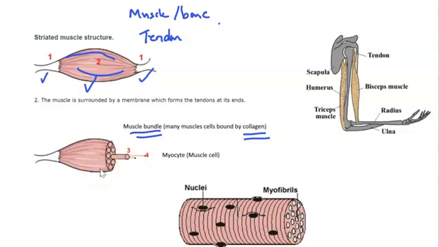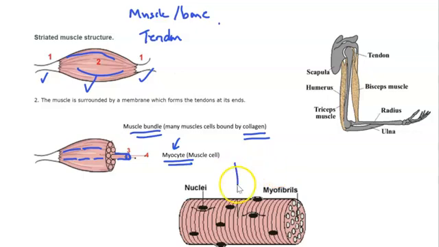Muscle cells don't run the entire length of the muscle. They tend to be in sections, and those sections are also connected with collagen for the efficient transfer of the force of contraction. And so we have these bundles of muscles with the individual muscle cells called myocytes in there.